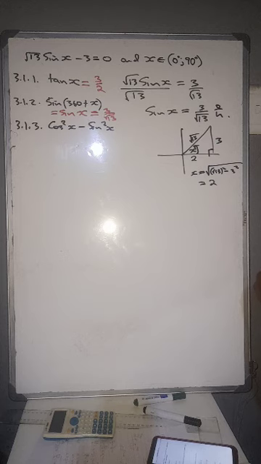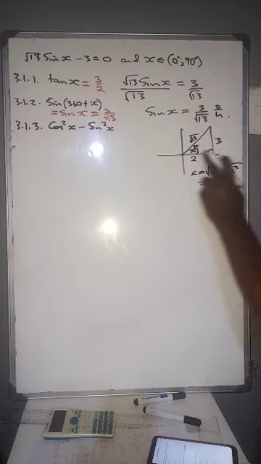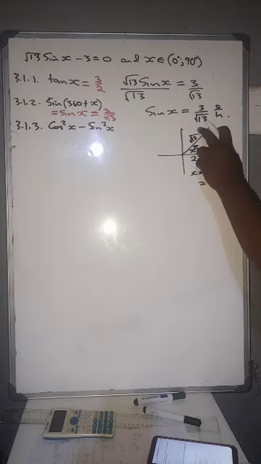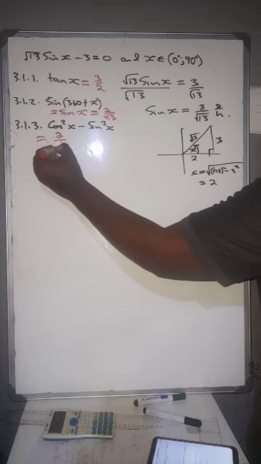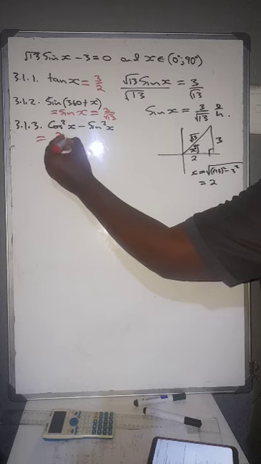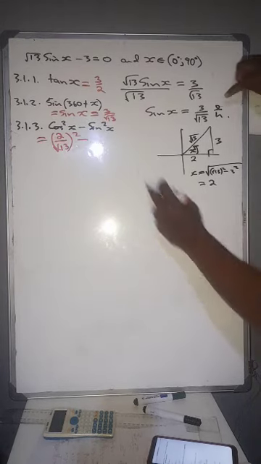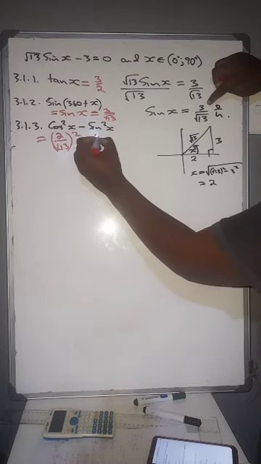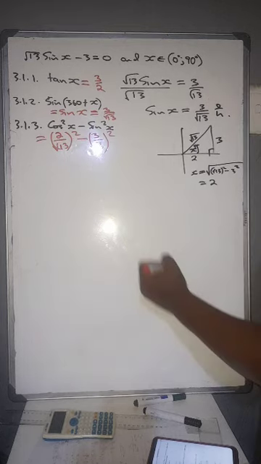And then the next one, cos squared x minus sine squared x. We get cos x and sine x from our diagram, and from our diagram cos x will be equal to adjacent over hypotenuse. So our cos x there is 2 over root 13, and it is squared there, minus sine x, we already have it, that is 3 over root 13, and it's also squared.